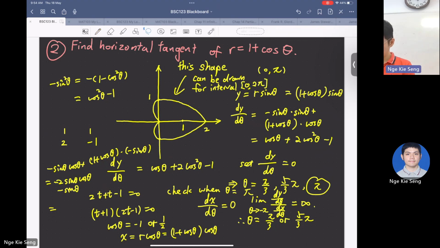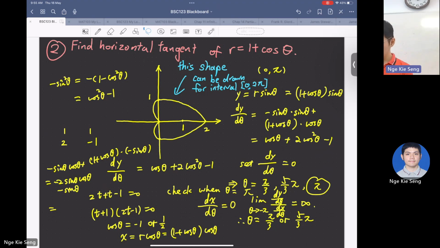Let me change this color to a different shape. So after 2 pi, you repeat this shape.